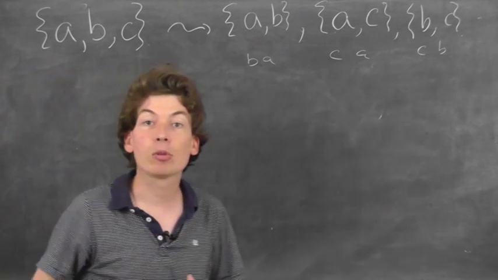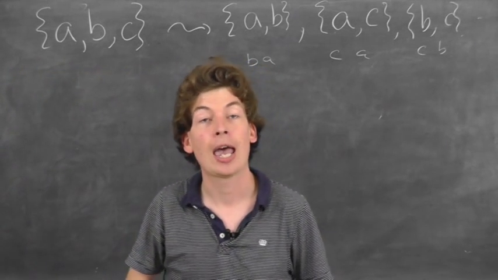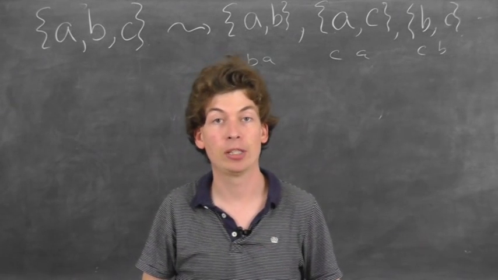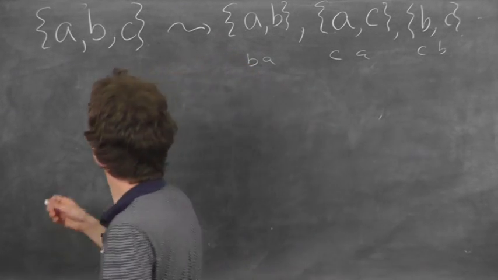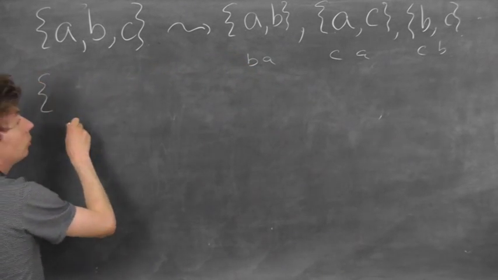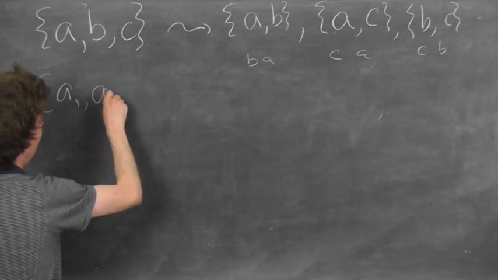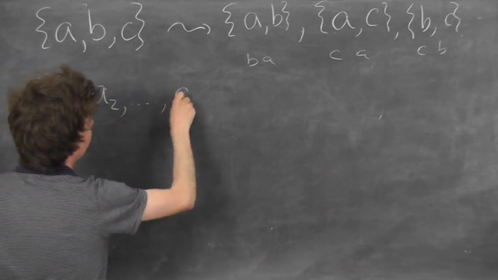Okay, so now a slightly trickier question. How many ways can we choose k elements from a set with n objects? Well, let's just think about that. So we've got A1, A2, all the way up to An.